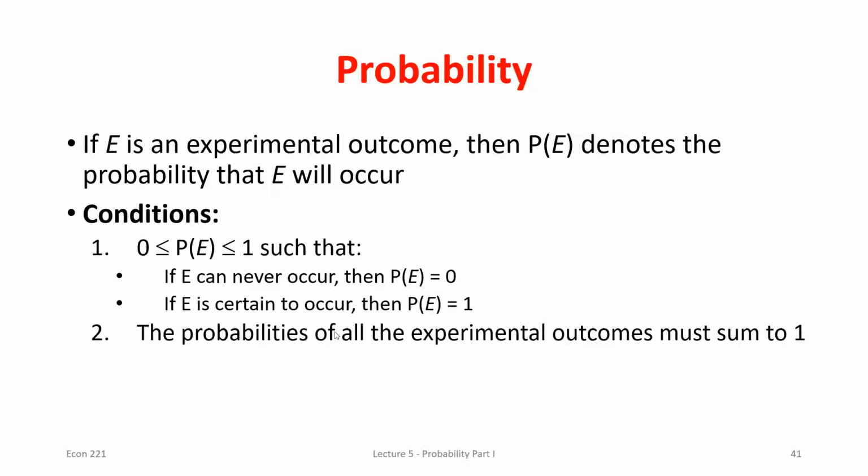Now, if we take every single possible experimental outcome and we add the probabilities up, those probabilities should add up to 1. Think about it this way. When we were building those histograms and we did the relative frequencies, we were saying this is the proportion of times we see a red car in the data set, and this is the proportion of times we see a green car.